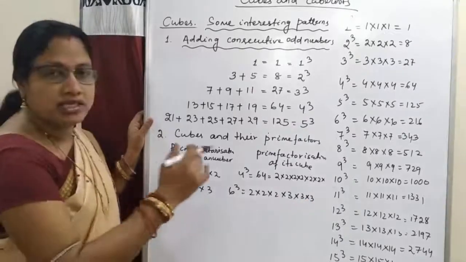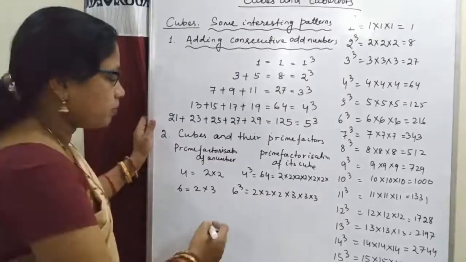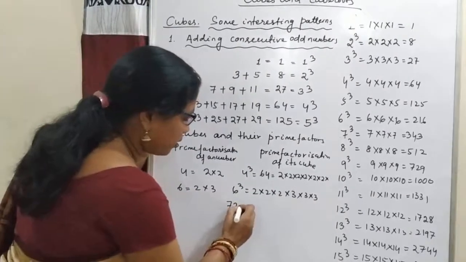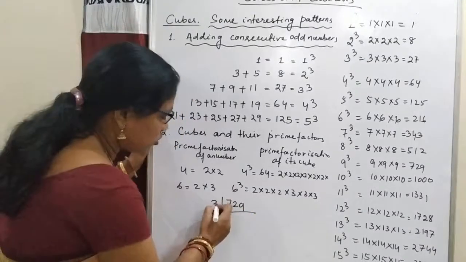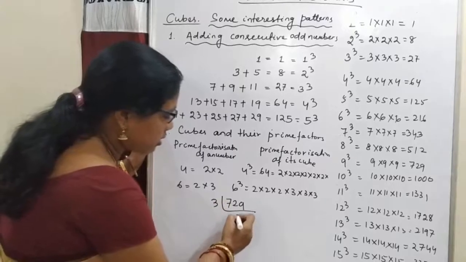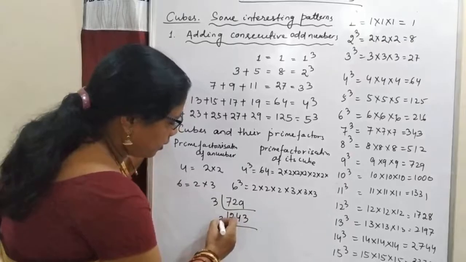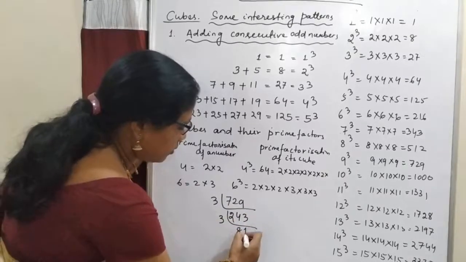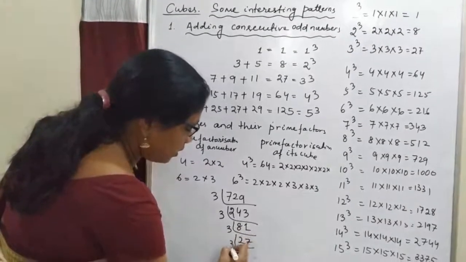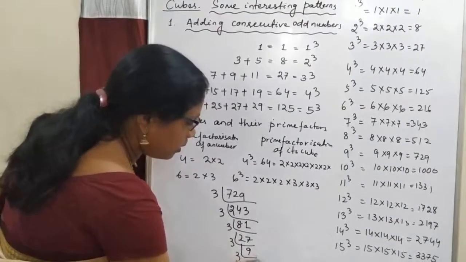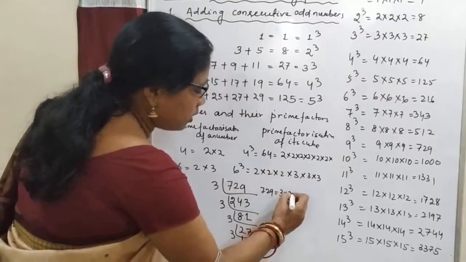To test whether a number is a perfect cube or not, for example 729, we have to first do the prime factorization. 729 is equal to 3 multiplied with 3, and so on.